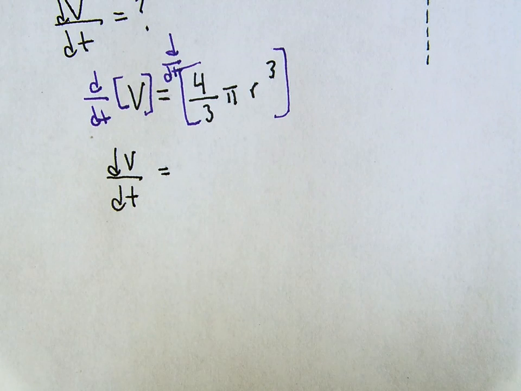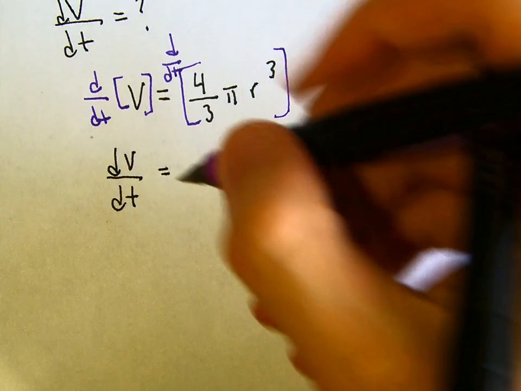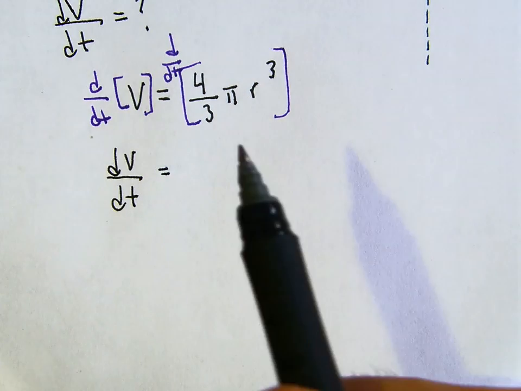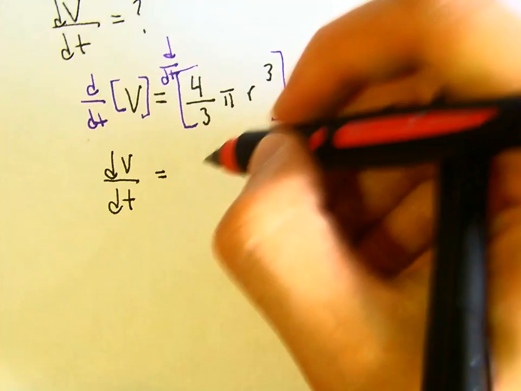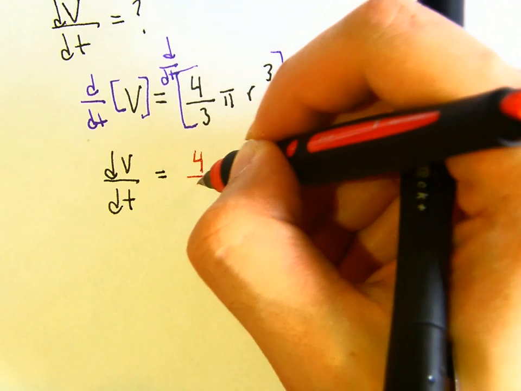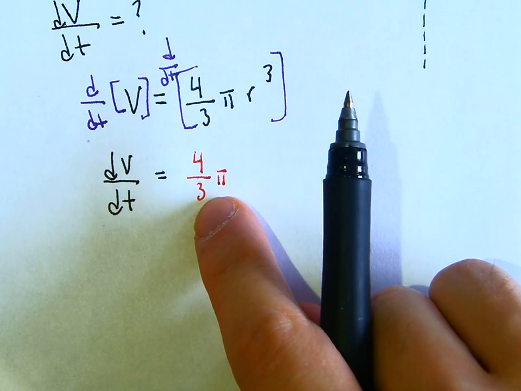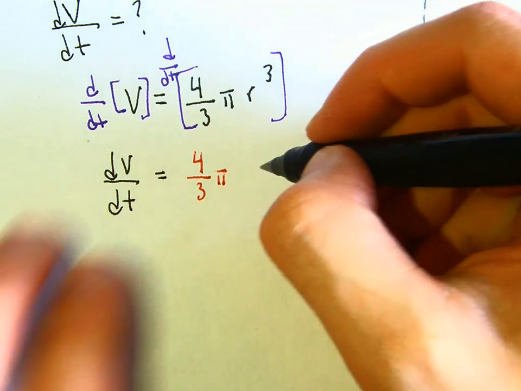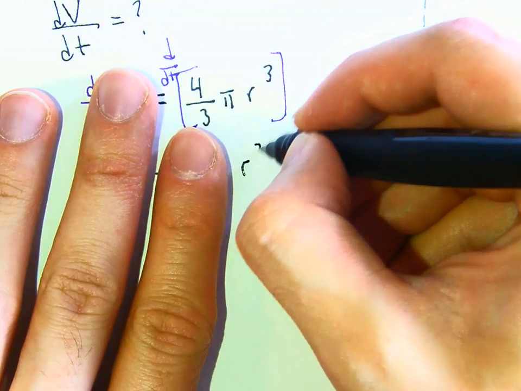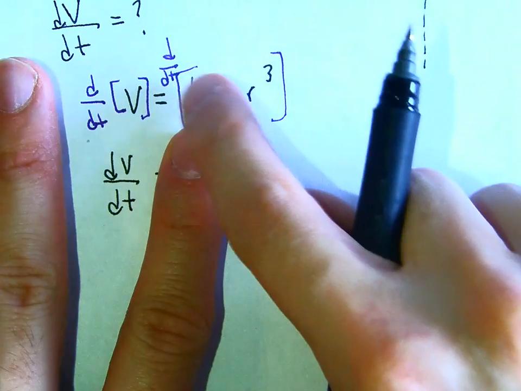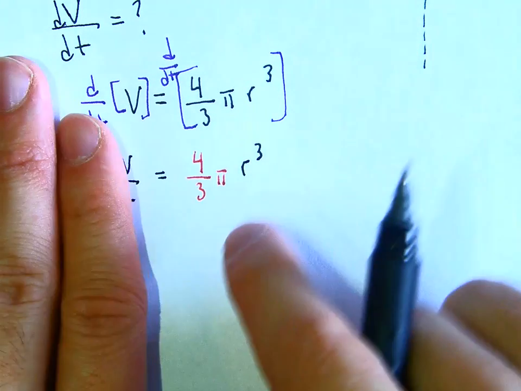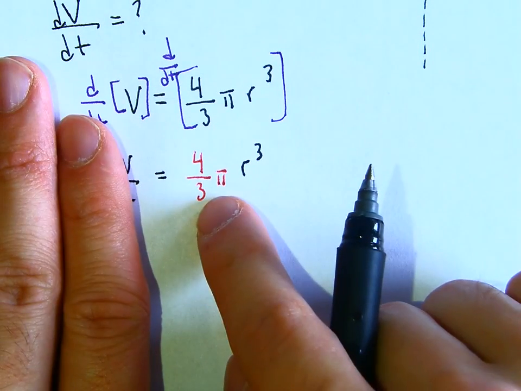Notice that this 4/3 pi is a constant. So you're really just taking the derivative of r cubed with respect to t, and then you're going to multiply it by 4/3 pi.